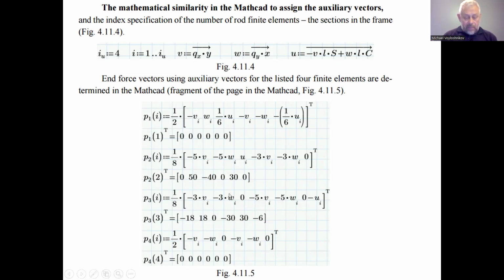So we can find it by this formula, but for the finite element of the fourth type there will be zero moment, corresponding to zero moment at the hinged supports.